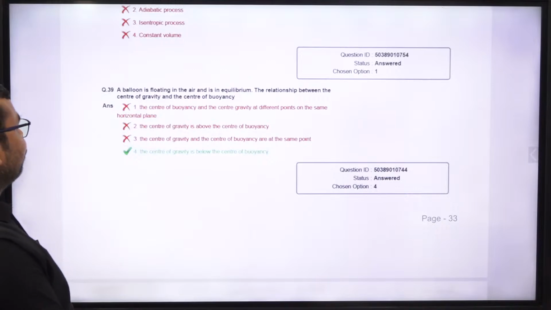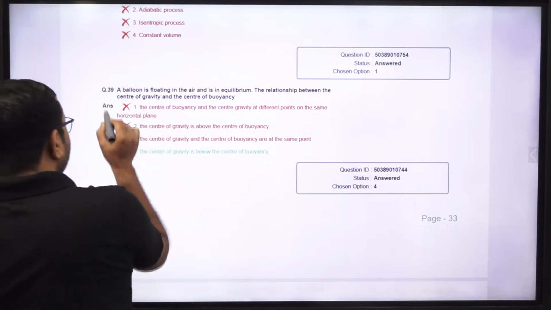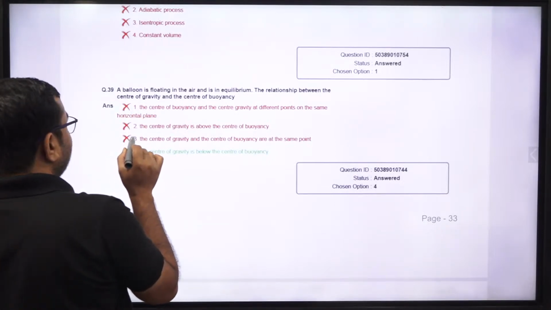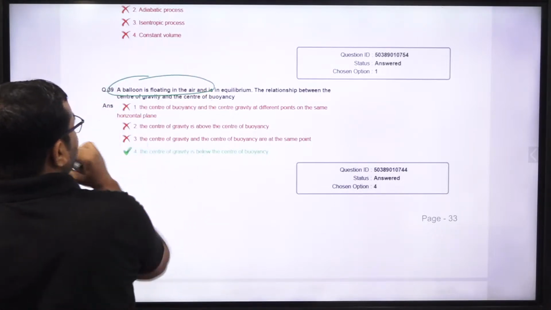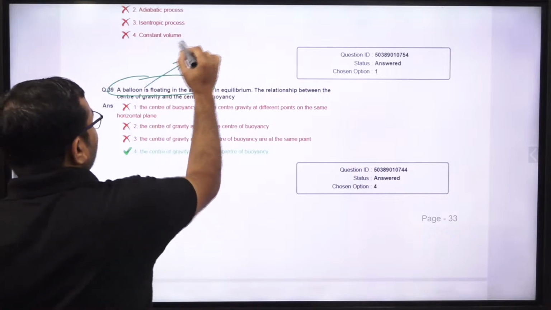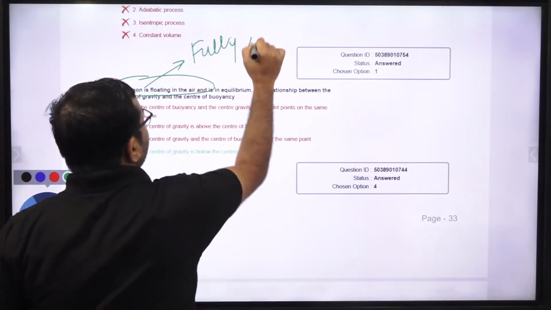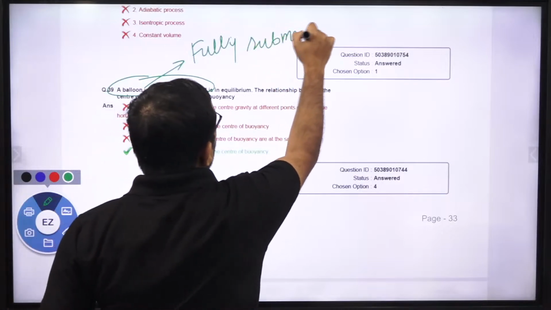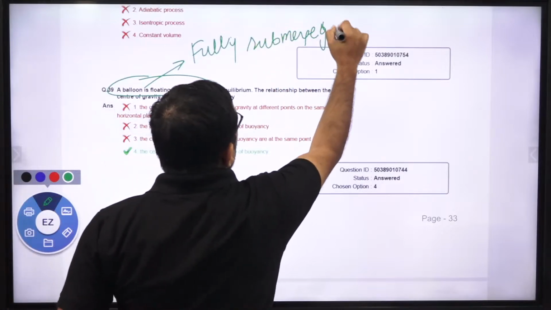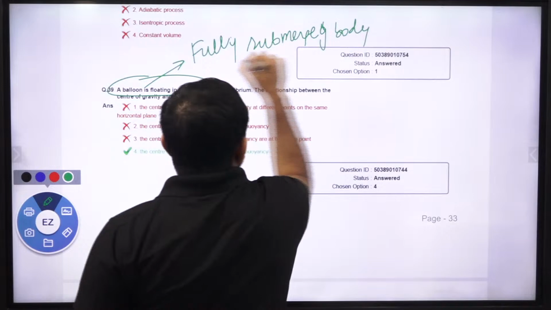A balloon is floating in the air and is in equilibrium. Whenever we see this kind of question, a balloon is floating, this question belongs to a fully submerged body. So don't be confused with this.